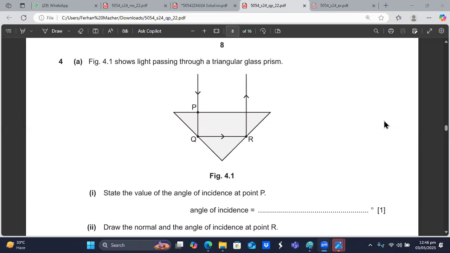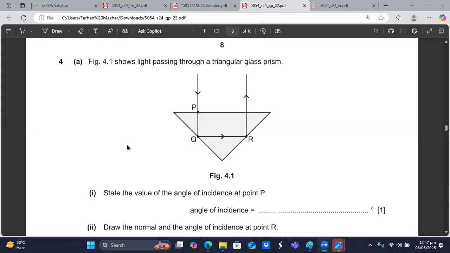Figure 4.1 shows light passing through a triangular glass prism. The light has entered the prism at the point P, and at the point Q the total internal reflection took place. Again, total internal reflection took place at the point R, and here the light has emerged out of the prism.